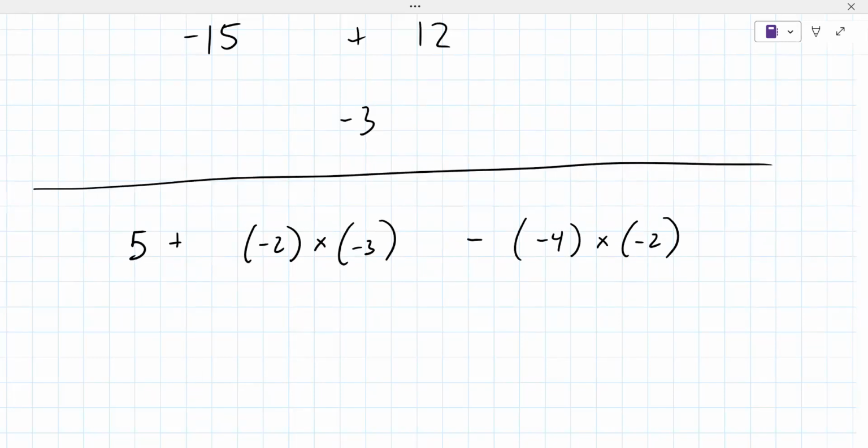I got +3. Yes. Okay, let's take a look here.